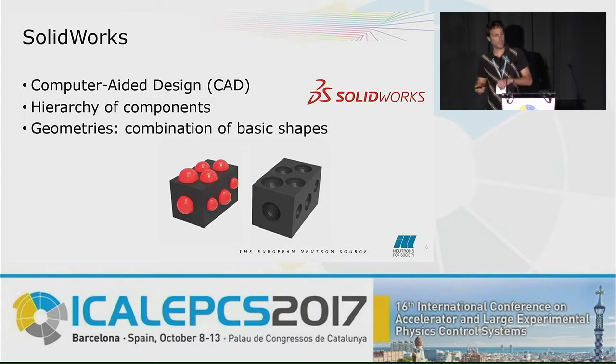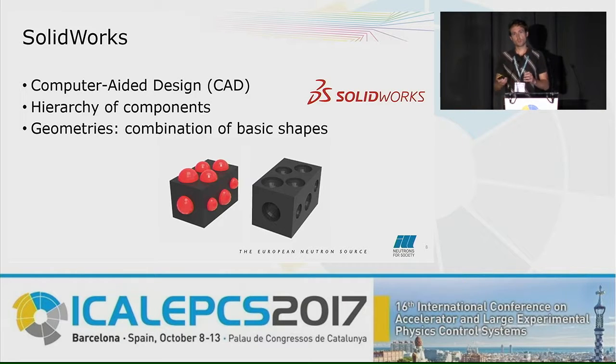On the other hand, we have SolidWorks models. SolidWorks, for those who know what it is, is computer-aided design software for which the models are hierarchies of components, and the leaves of these components, I mean the last parts of the hierarchy, are the geometries.